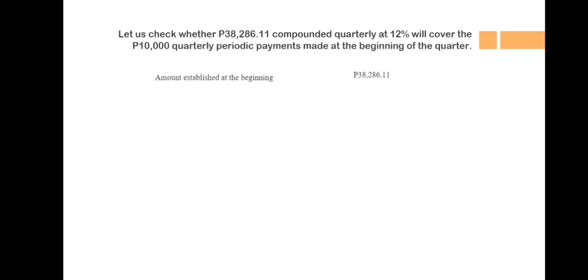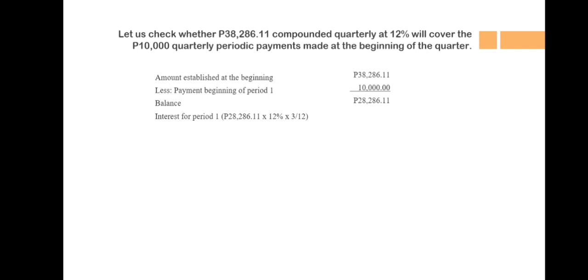So 38,286 pesos and 11 cents. Less, so minus natin yung payment natin beginning of period 1, which is 10,000 pesos. So ang balance na lang natin is 28,286 pesos and 11 cents. And interest for period 1, using only the interest formula, the PRT.